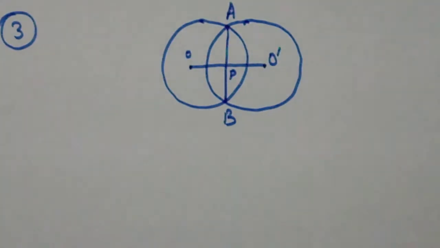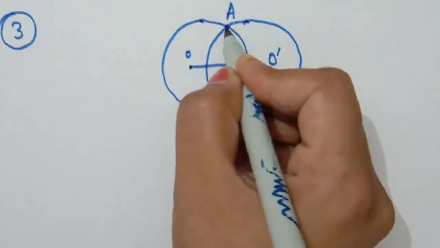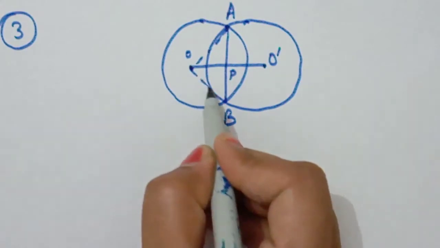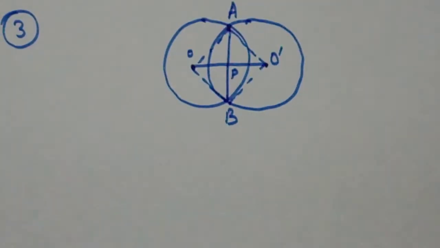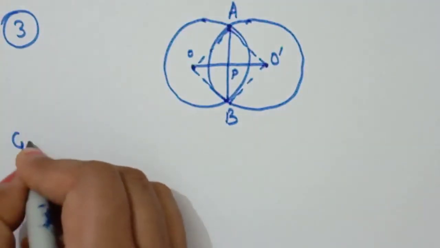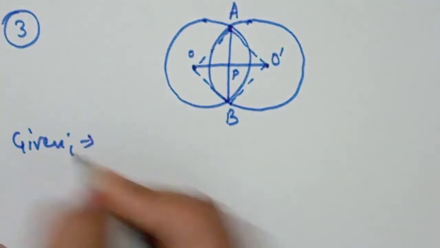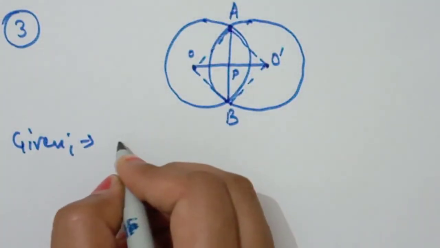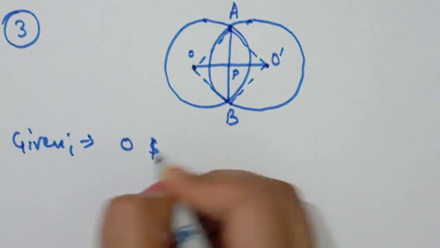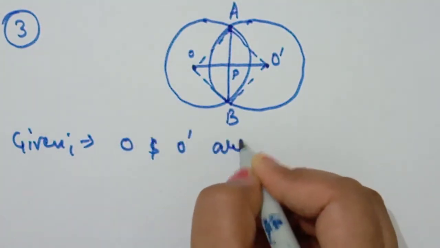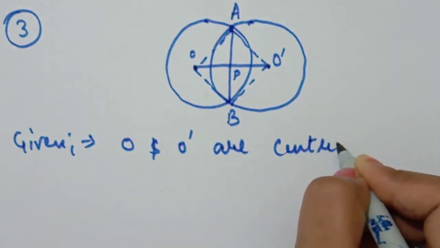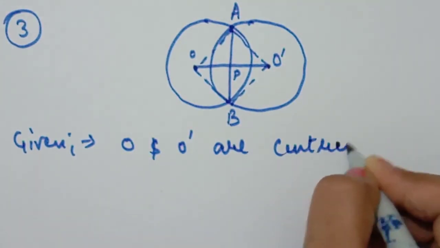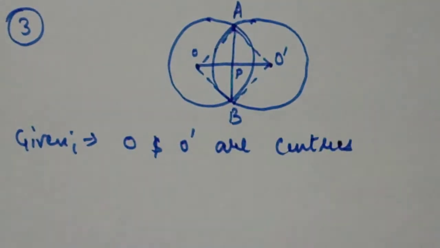So students, for explaining this question, first of all, we have to make triangles like this. First of all, what is given? O and O dash are centers of the circles.